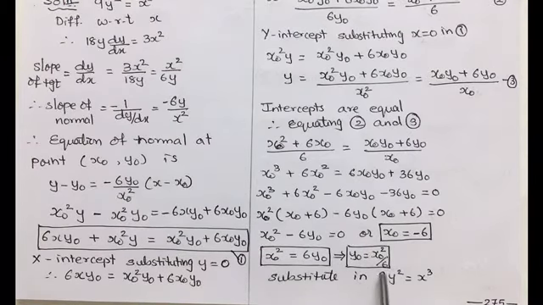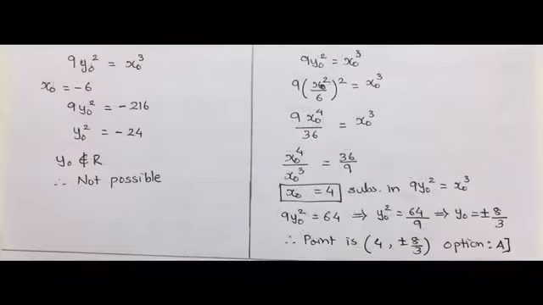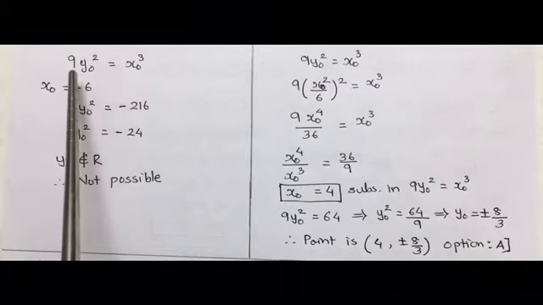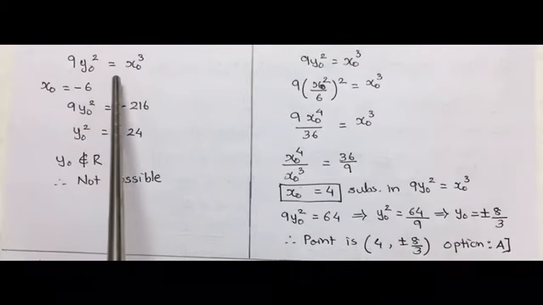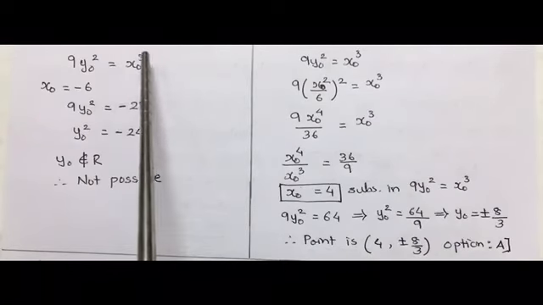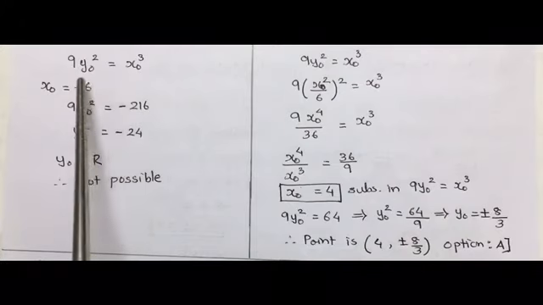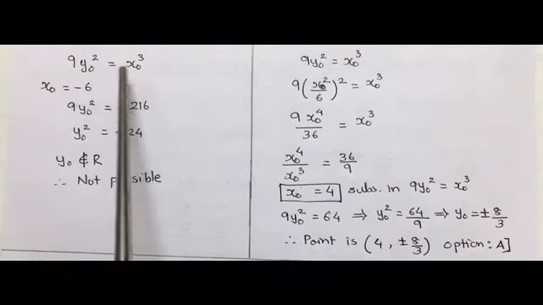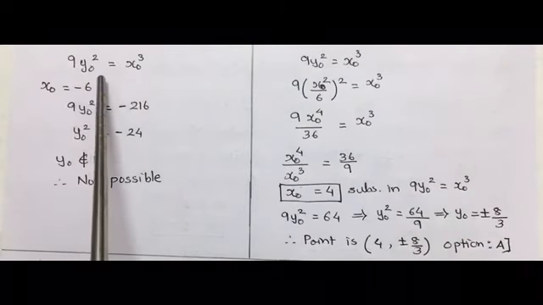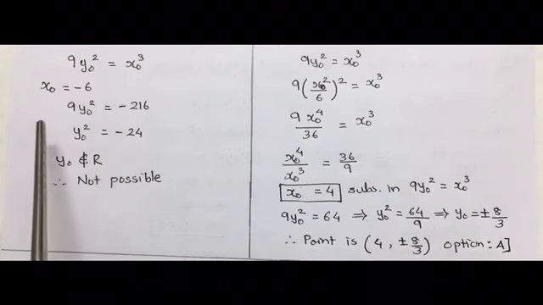Now substituting all these terms in the equation of the curve, that is 9y square equal to x cube, we get 9y0 square is equal to x0 cube, because x0, y0 is a common point of the curve and the normal.